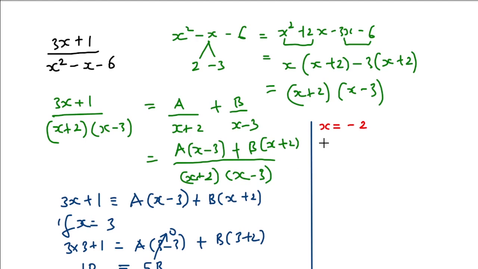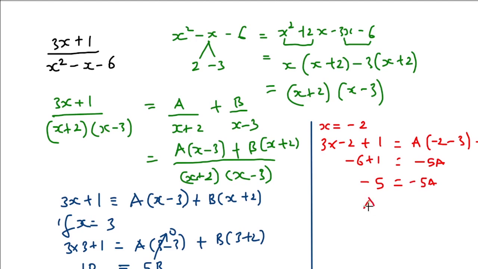So when we substitute, we get 3 times negative 2 plus 1 equaling a into negative 2 minus 3 plus this will be 0. So what remains here? This will be negative 6 plus 1 equals negative 5a. So this gives me negative 5 equals negative 5a. So when we divide through by negative 5, our a is 1.